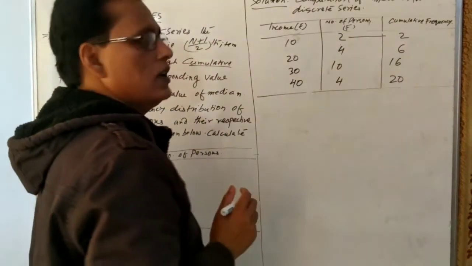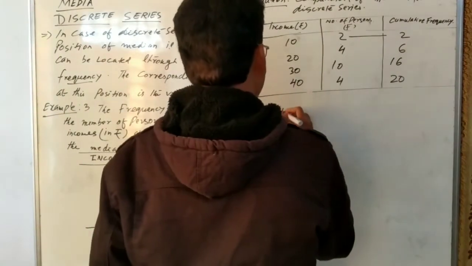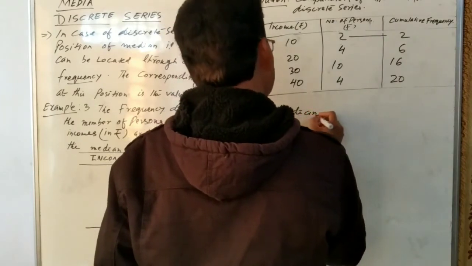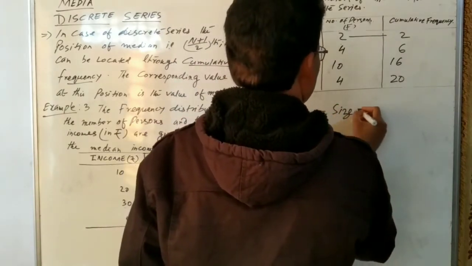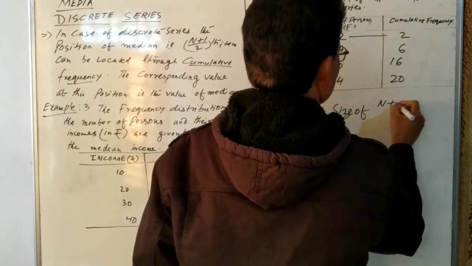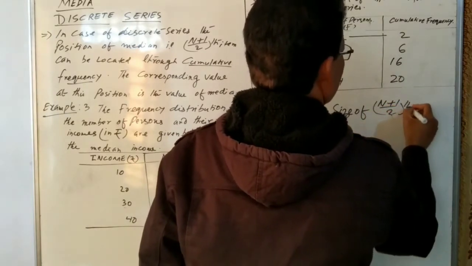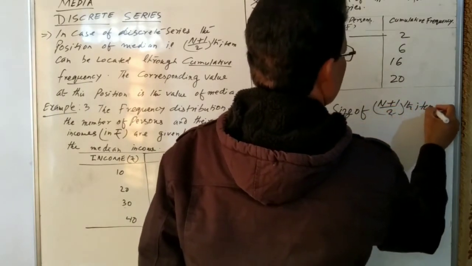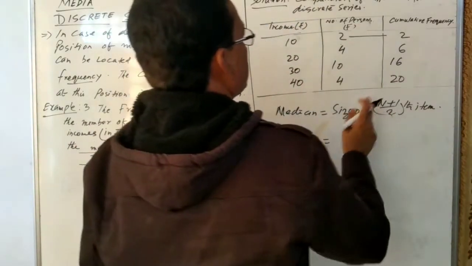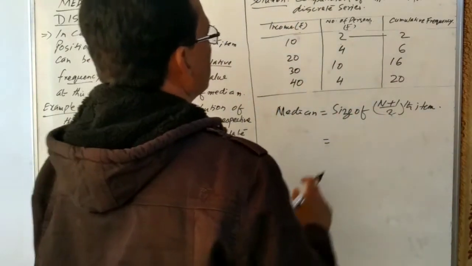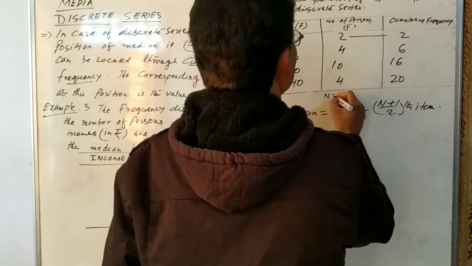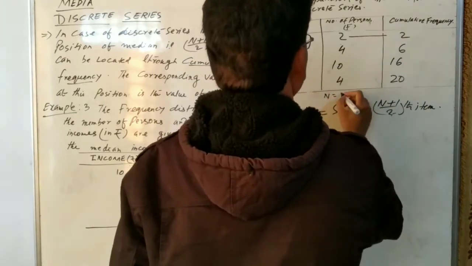So let us see how we can calculate. The median formula you know. Median is equal to size of n plus 1 divided by 2th item. n means the total, which is 20.